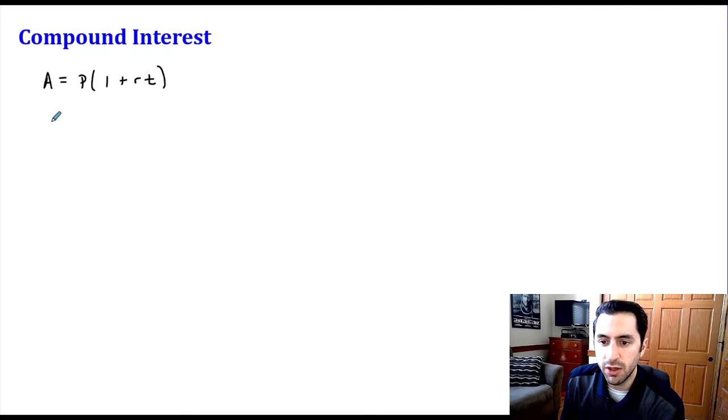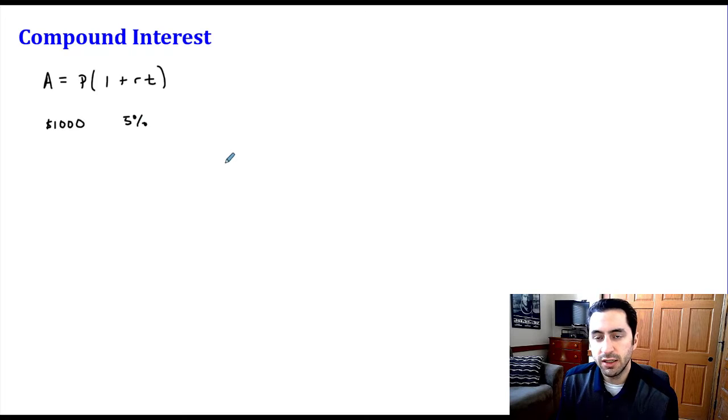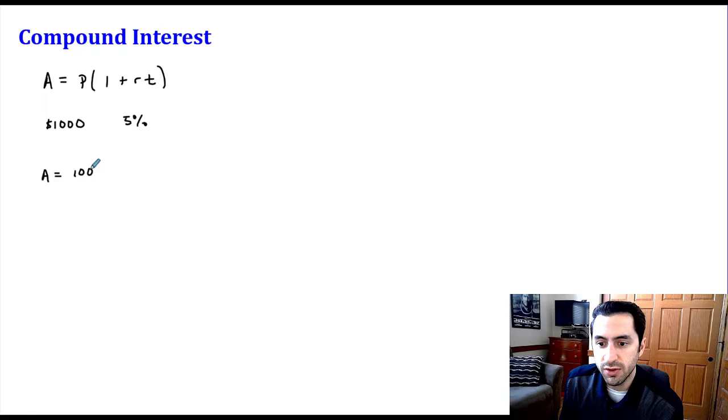So let's just say we're going to invest $1,000 into an account that's paying 5% interest. Let's take a look and see what happens year after year in this account. So after 1 year, our future value: we put in $1,000, and our rate is 5%, so we have 1 plus 0.05, and my time is just 1 year.